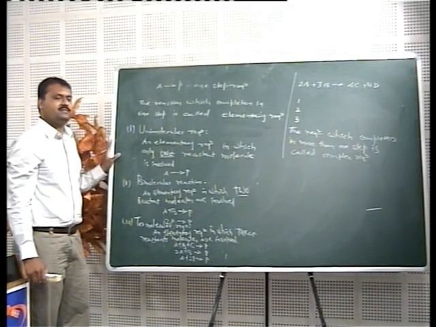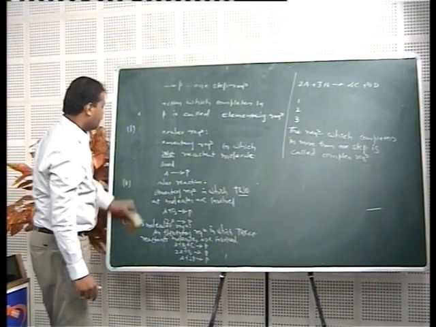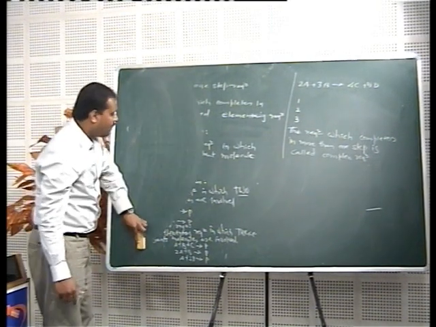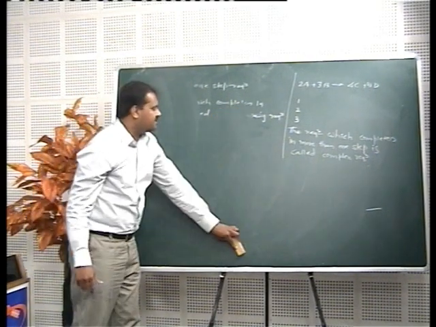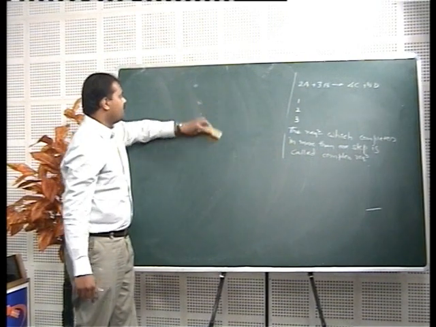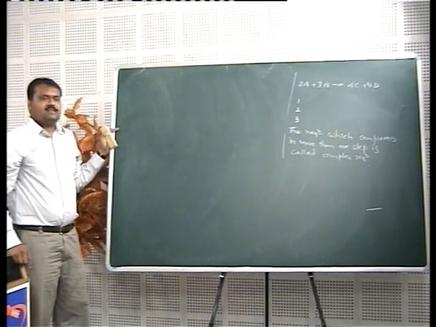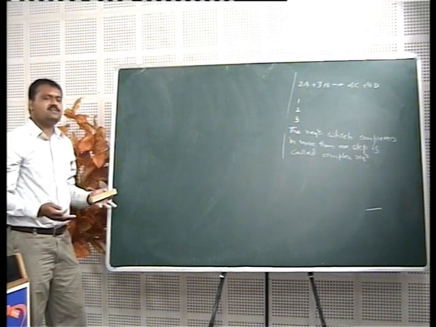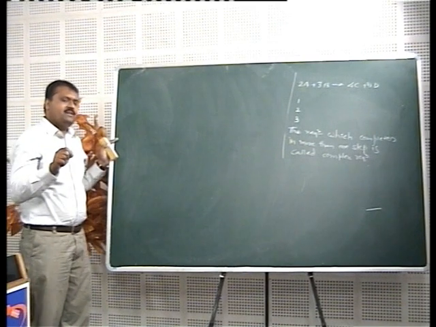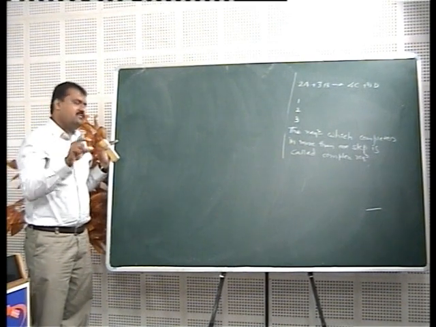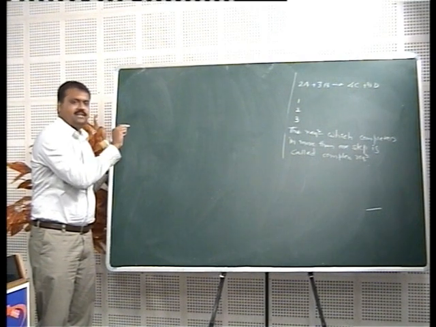of the elementary reaction. Come to the complex reaction. We say that the complex reaction is one which completes in more than one step. It means that any complex reaction, as it consists of more than one step, but each and every step is a single step reaction, and therefore each and every step is called an elementary reaction.